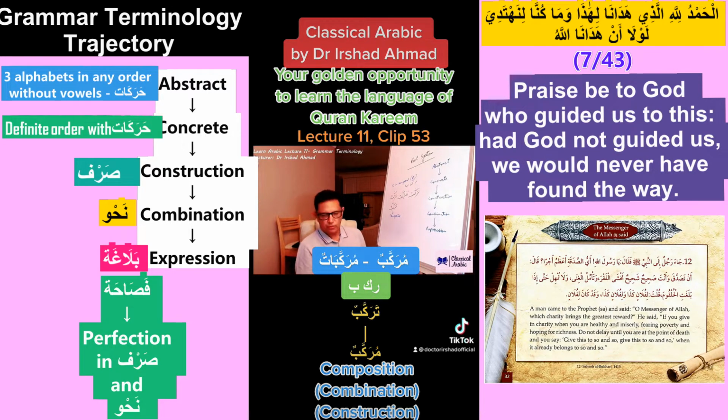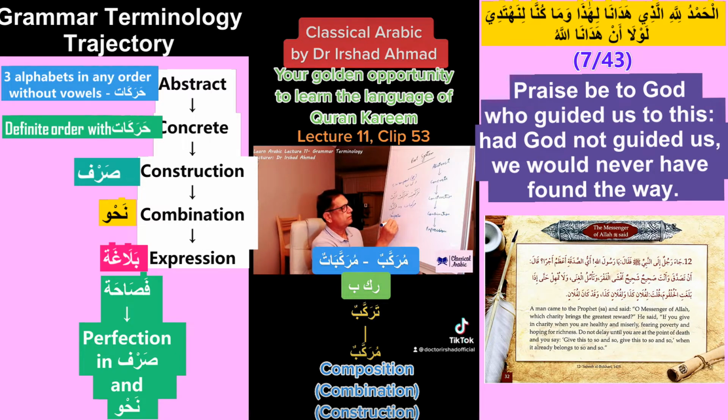So what we are going to do is that from mufrad we are going to move on to murakkabat. Plural will be murakkabat. So murakkabat means we are going to put individual words together. We are going to put mufradat together in composition, in combination.